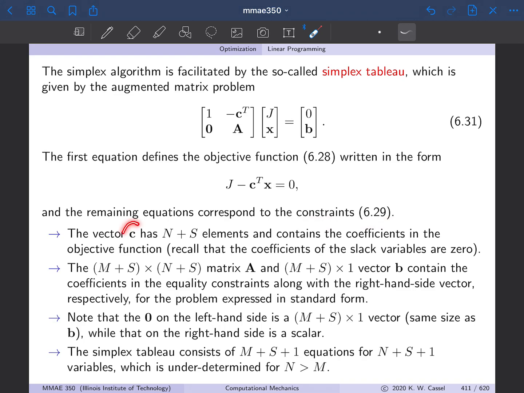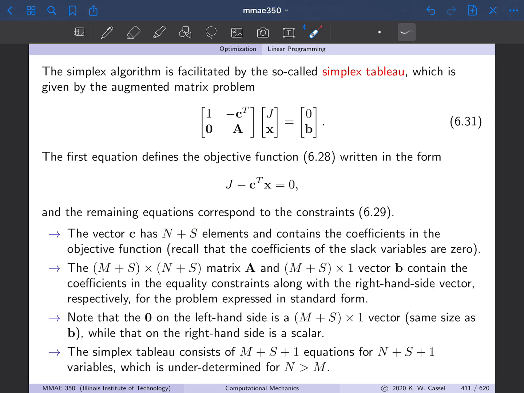All right, so here are the sizes. So the vector c is the coefficients in the objective function. There are n original design variables, and now s additional slack variables. Now remember, the slack variables all have 0 coefficients because they do not enter into the objective function. So while there are n plus s elements in the vector c, s of those elements are 0.